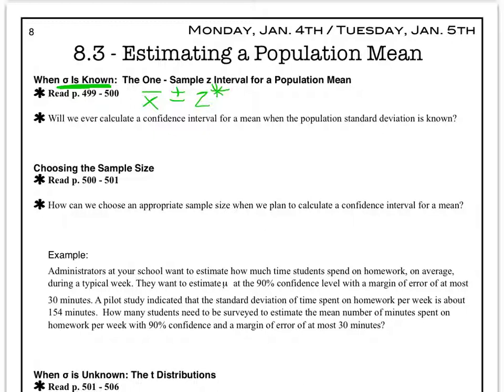Well, for a mean, the standard deviation of the statistic is the population standard deviation divided by the square root of n. So I have to know my population standard deviation in order to be able to do this.